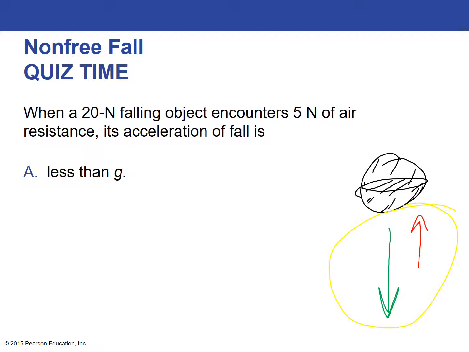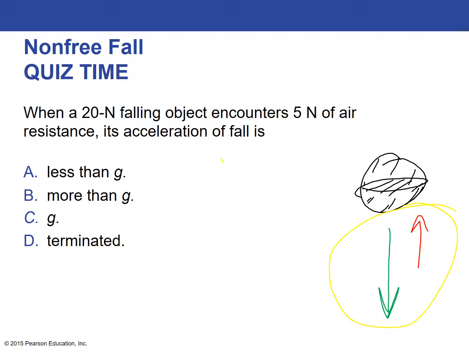And g is gravity of 10 meters per second squared. Does its falling acceleration become less than that? Does it become more than that? Does acceleration stay at 10 meters per second squared?